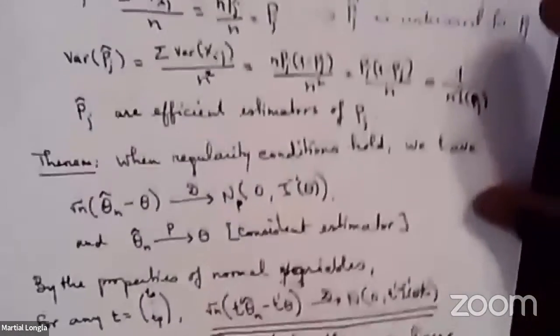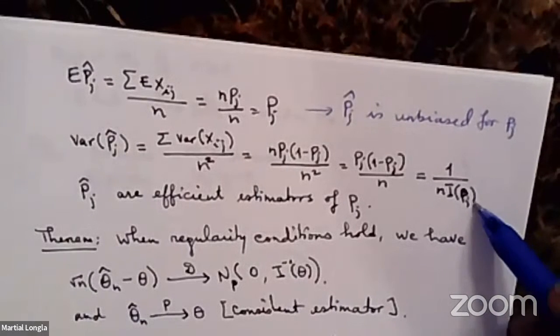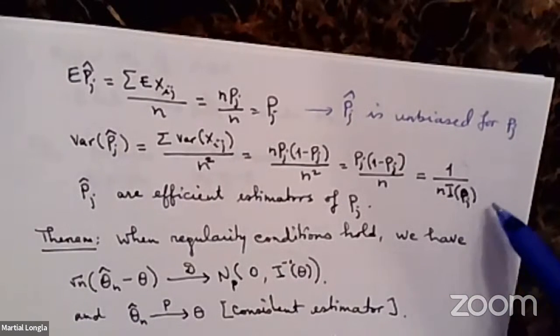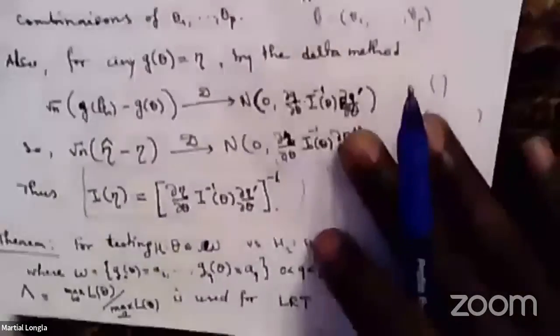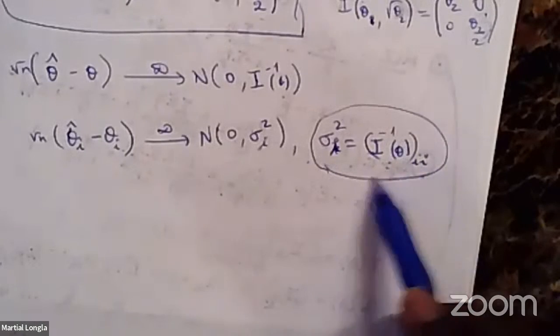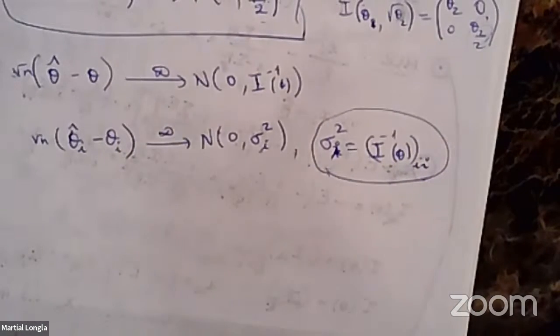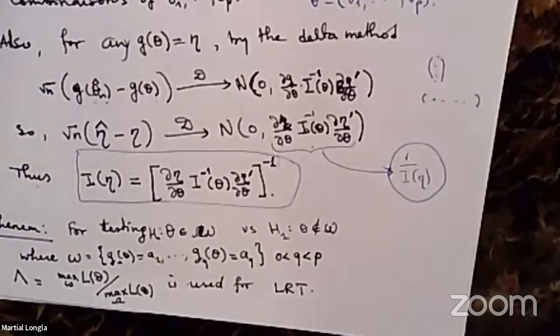And again, that takes you back to justify what we had here, why I call this the efficiency. I said it was efficient because in that theorem you need to invert and take that variance here. All right, so we're done with that.